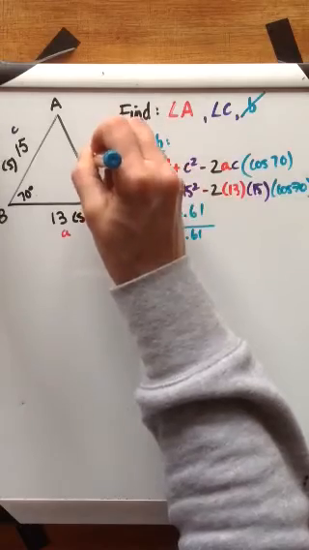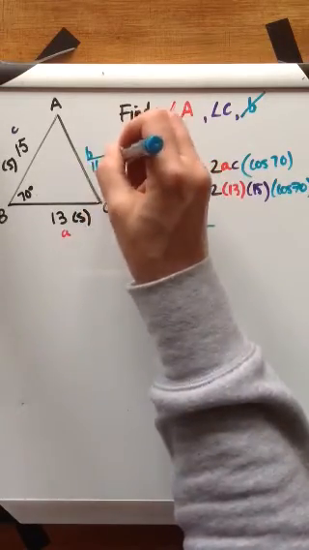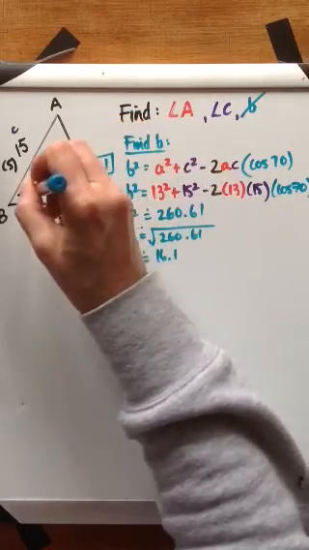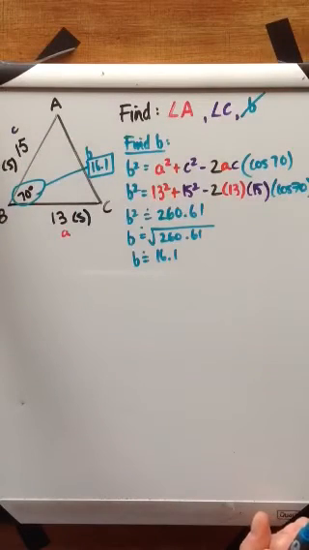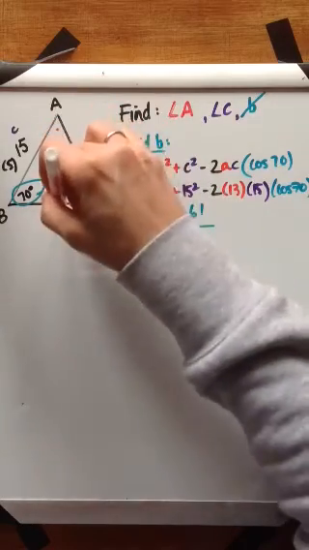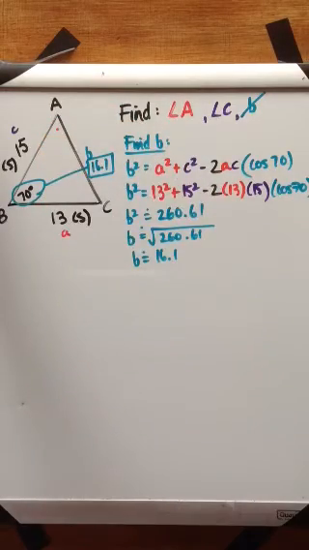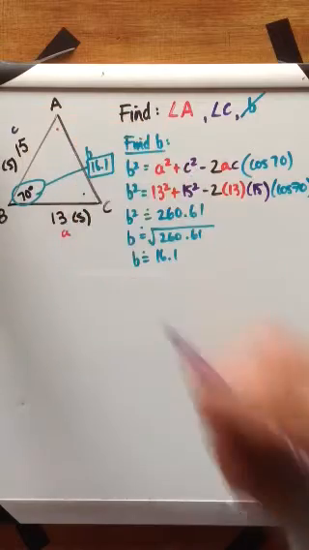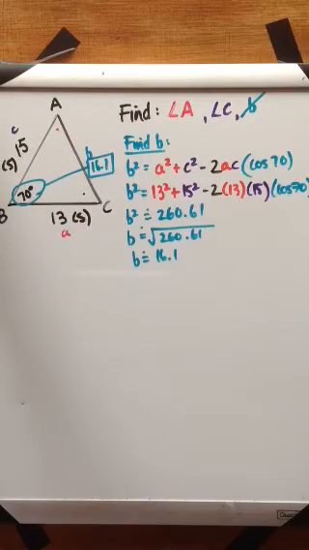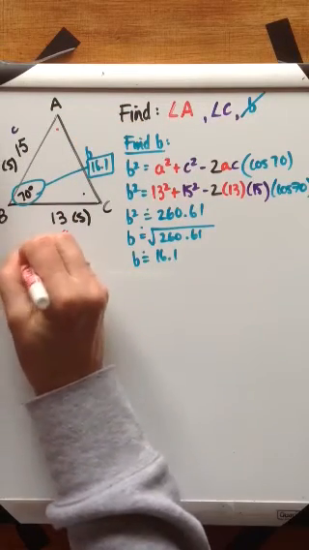Now that this is 16.1, you have an angle and an opposite side pairing, like we talked about in lesson 6.1. So we can use that now to find angle A with its opposite side and angle C with its opposite side. So it doesn't matter which one we start with. How about we start with A?